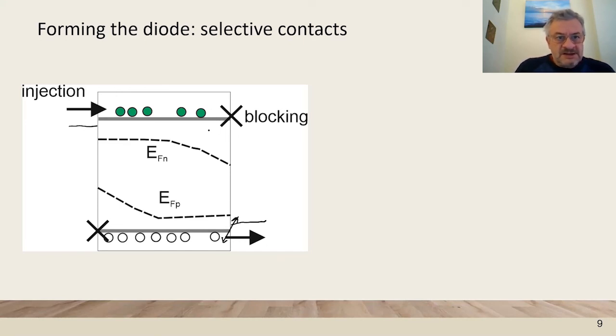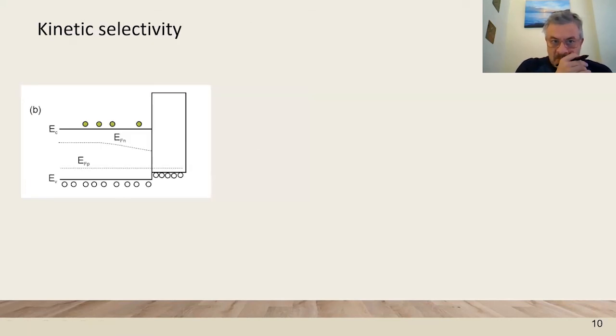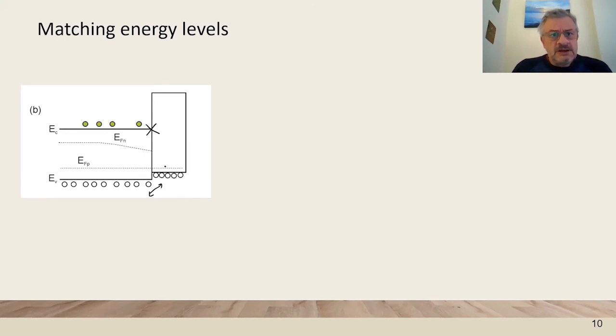Therefore, when we bias the device, electrons and holes are going to be injected at the respective selective contacts. The match of energy level is an essential resource to make a selective contact. In this case, we have a very good match of the contact to the hole transport level, but here the electrons cannot be injected to the contact because this is in the middle of the gap of the contact.